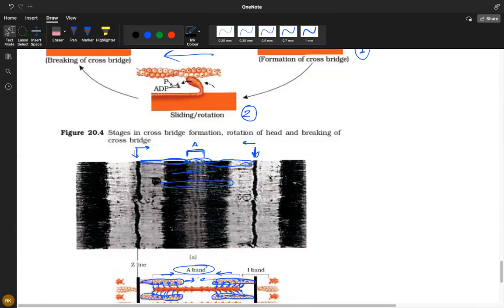Sarcomere. Exactly. So when the myosin head binds to the actin filament and makes that actin filament slide over and come to the A region, what will happen? The length of the sarcomere will shorten. Each sarcomere will become shorter. Correct?